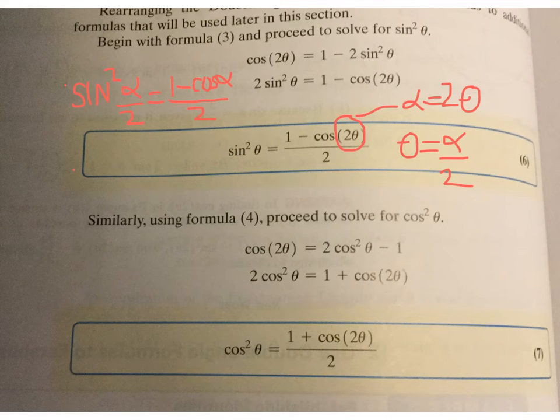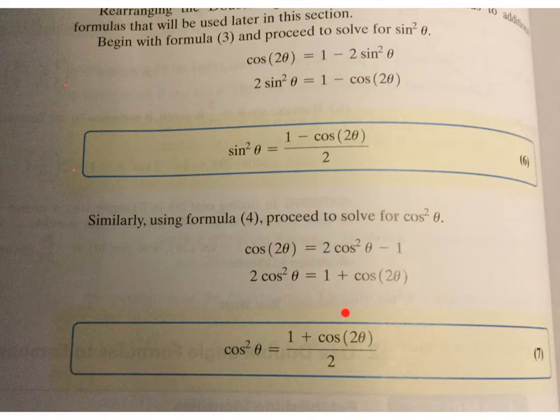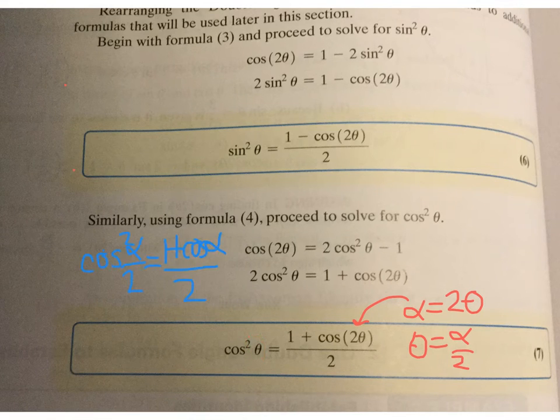That's right here. Now to get the other half-angle formula, we again do the same thing. Alpha will be equal to 2 theta, so theta is equal to alpha over 2. That substitution is going to be made here. When we make those substitutions, theta equals alpha over 2, and 2 theta equals alpha, we get this equation right here.